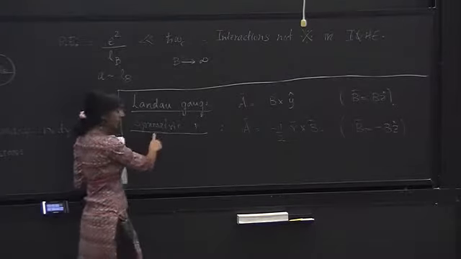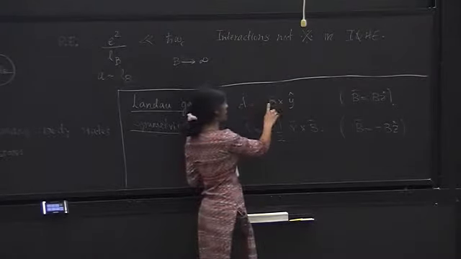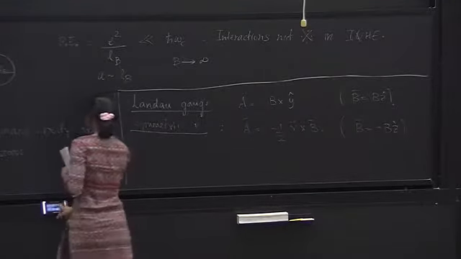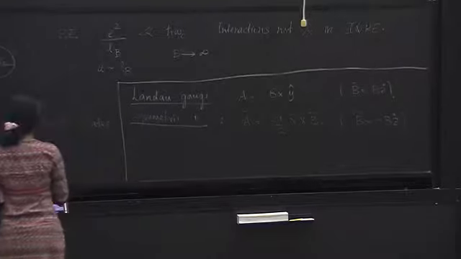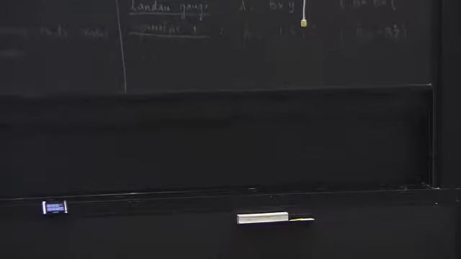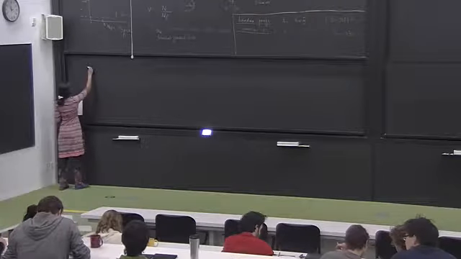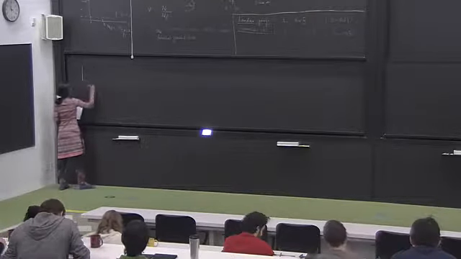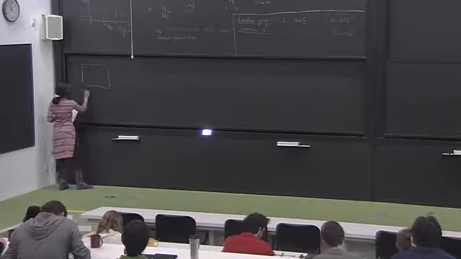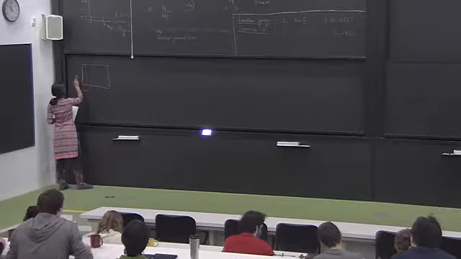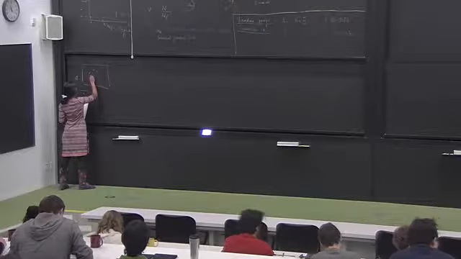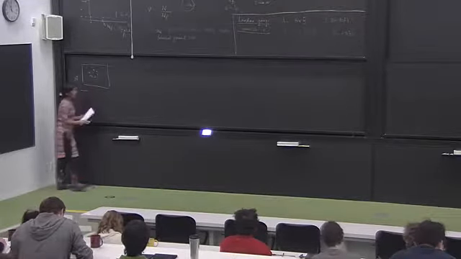So in this gauge, instead of translation invariance, what we have is rotational invariance, because looking at the view from the top, where this is the xy plane, the vector potential is in the theta hat direction. Right?